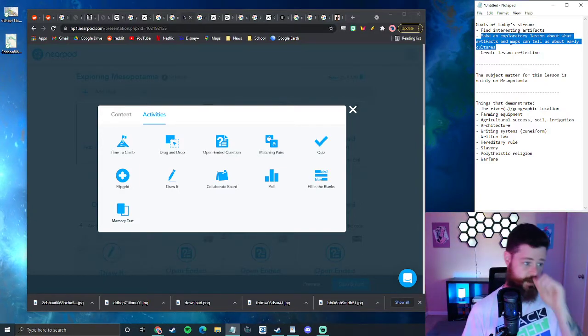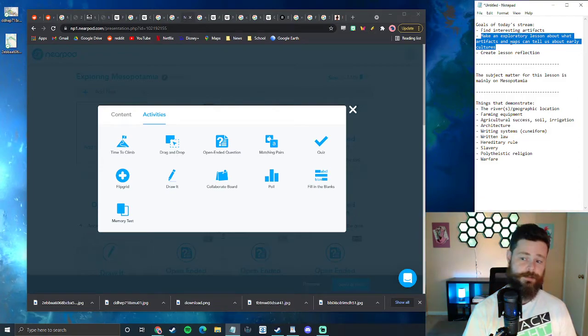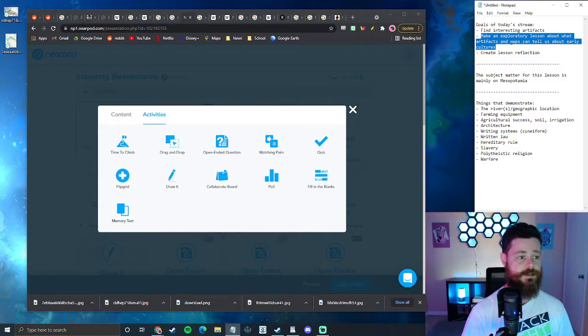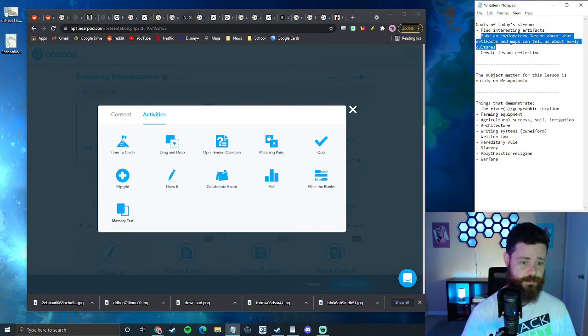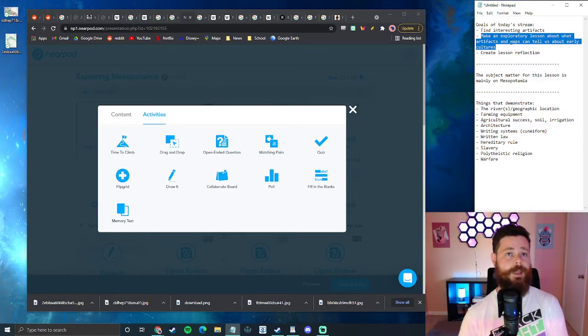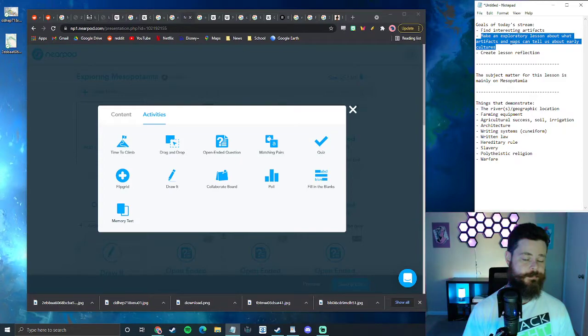This whole NEARPOD, and I don't know exactly how long this would take, we'll have to gauge that, but the only purpose is for them to see what they can interpret based on what they're given. So it's just an exercise in critical thinking, making sure that they can draw connections between what they see and what they can analyze or suggest about this.